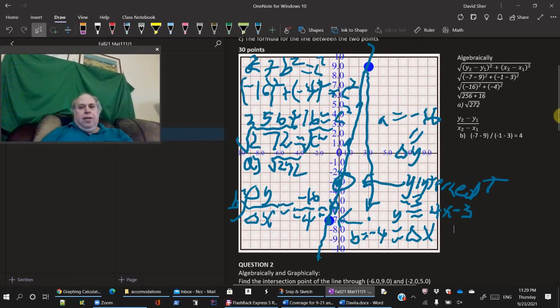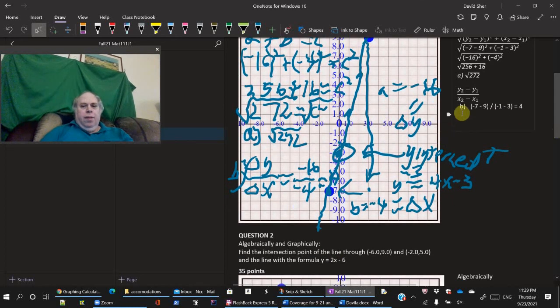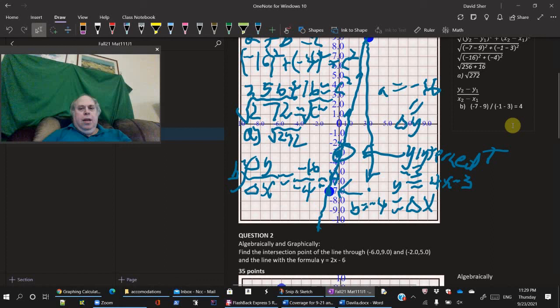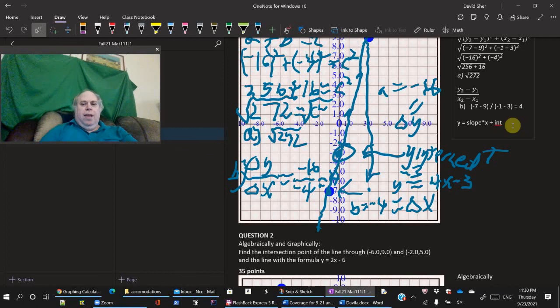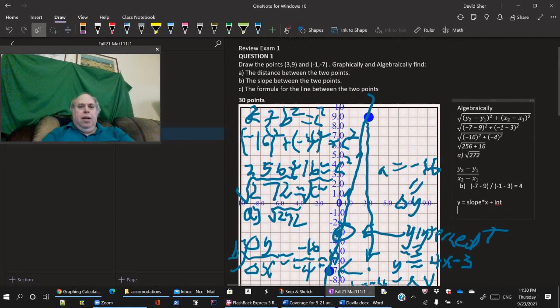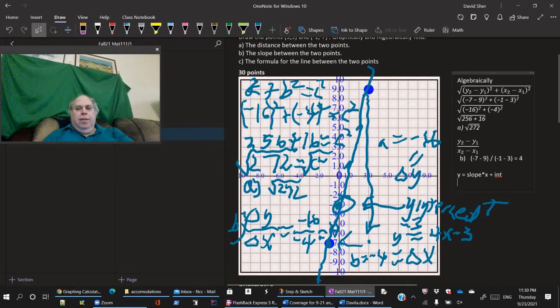Now, algebraically, what I'm going to do right here for part C is I'm going to say y equals the formula, slope times x plus intercept. So my y value, I'm going to pick one of these points. I'll pick the first point, 3, 9. Might as well.